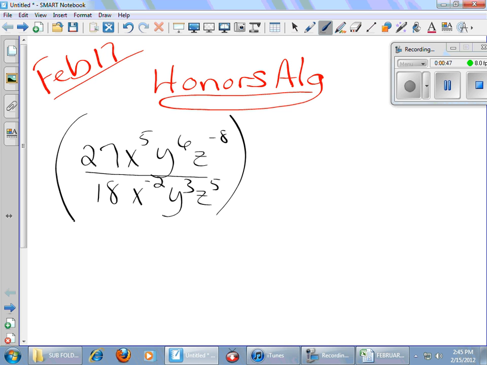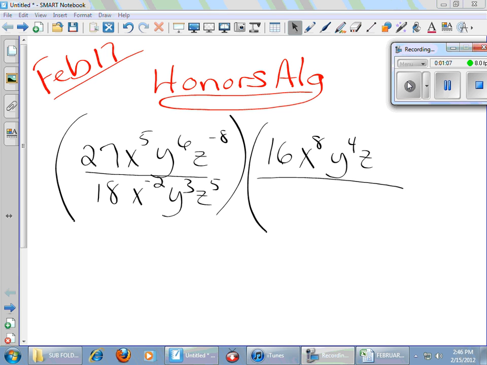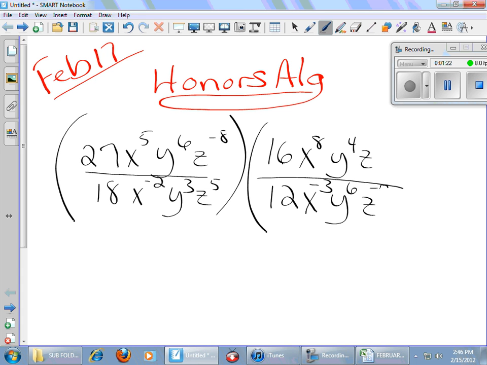And then we're going to multiply that by, let's go with, say, 16 x to the 8th, y to the 4th, z to the 1st, and we'll put that over 12 x to the negative 3rd, y to the 6th, z to the negative 7th.